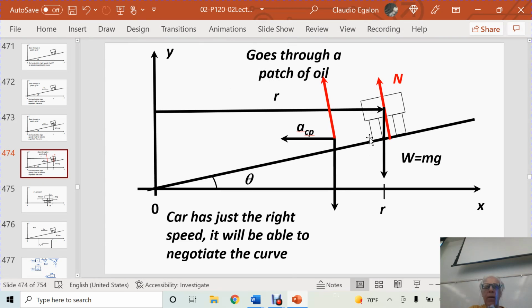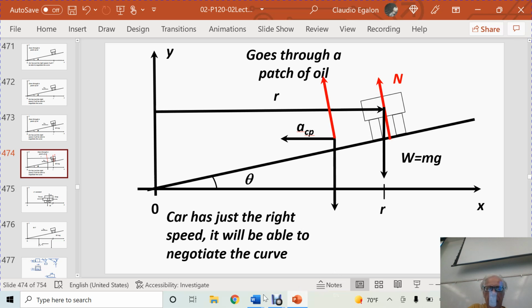Let's figure out whether it's sine or cosine. This angle is theta. This angle must be theta too, right? This angle right in here, or this angle here. So the x component is going to be a sine of theta.